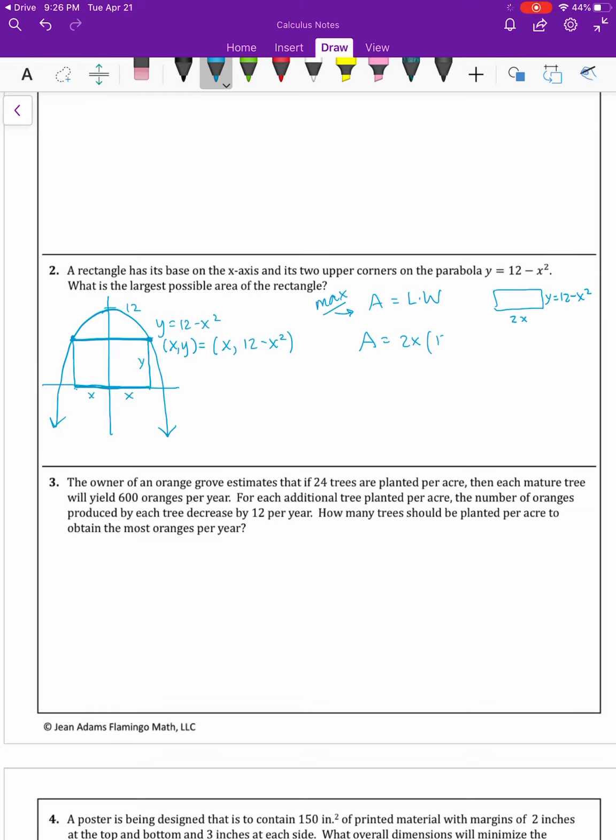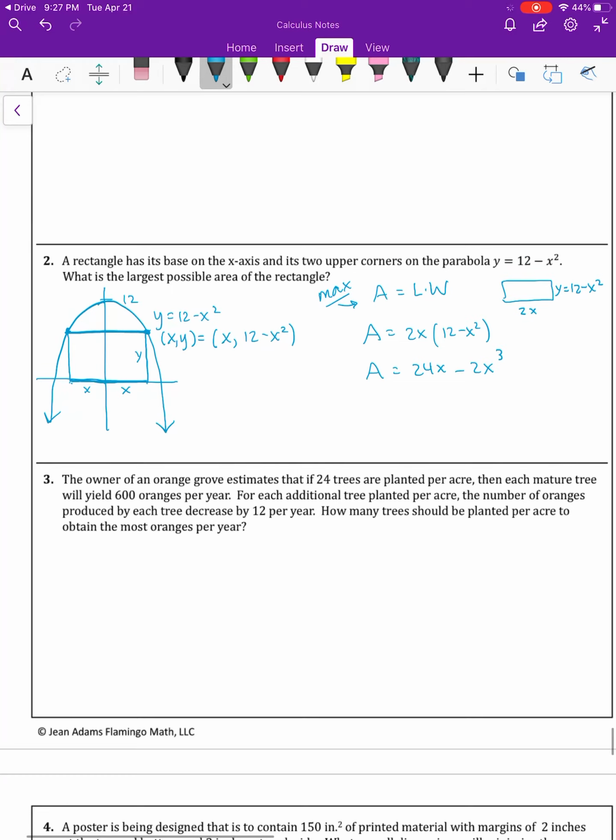So I actually have a rectangle that has a base that is 2x and a height that is y, but my y I already said was 12 minus x squared. So I'm not even going to worry about y. If I needed the area of that, it's going to be 2x times 12 minus x squared. This is what we are maximizing.